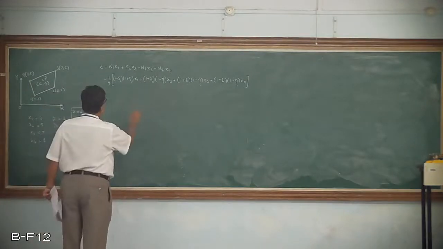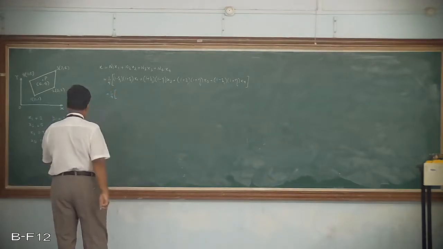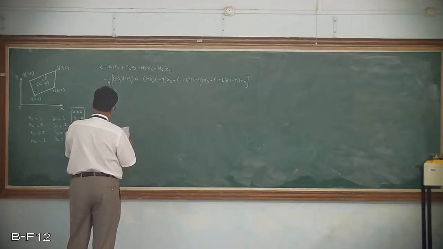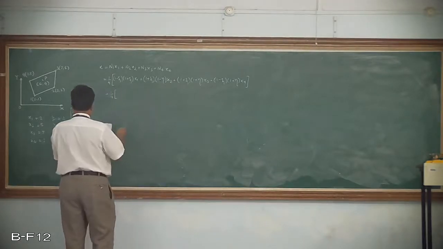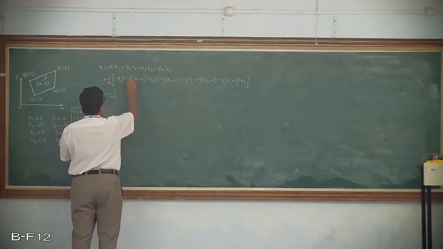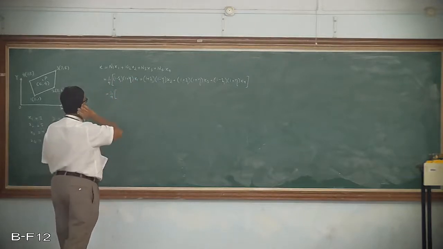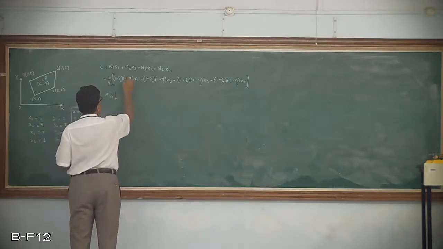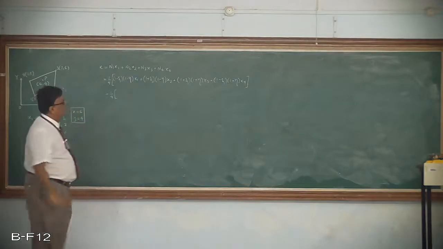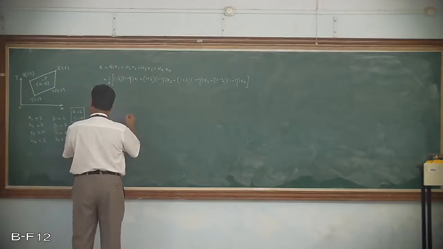Since I don't know the zeta and eta values, I will keep 1 by 4 as it is outside. This product will give you (1 minus zeta)(1 minus eta). I can rewrite this, and if I expand it, you tell me what will happen.